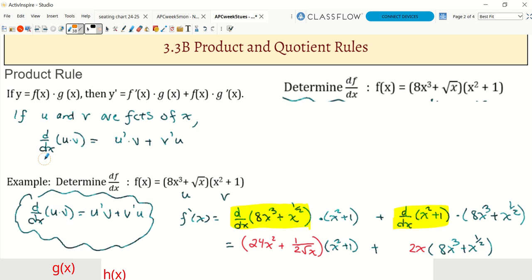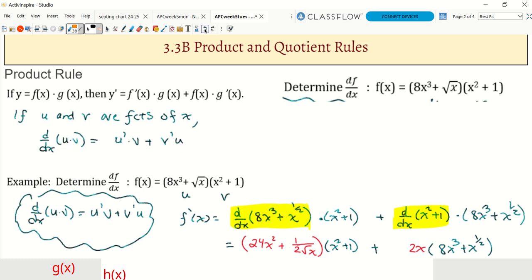So product rule, here is your formula right here, okay? And the way you read it is derivative of two functions that are multiplied with each other. You take the derivative of the first, leave the second, plus derivative of the second multiplied by leaving the first, okay?